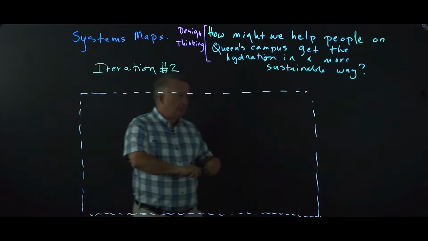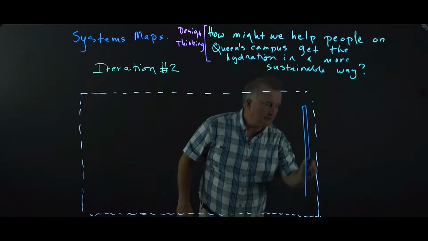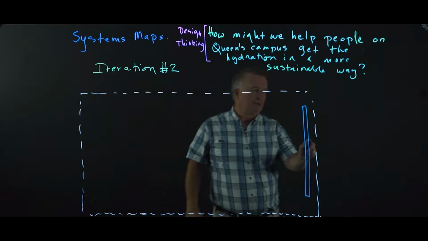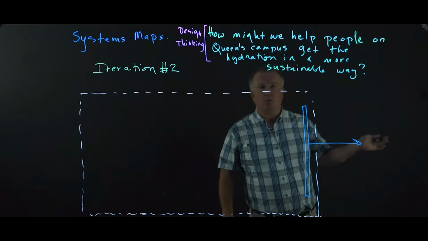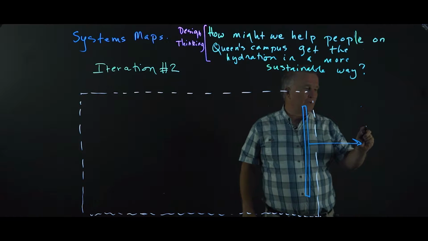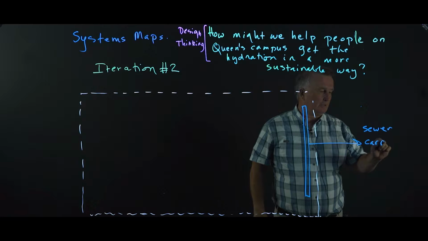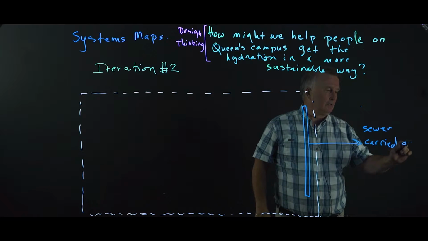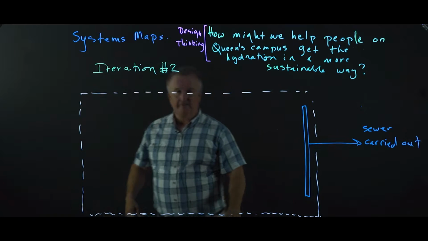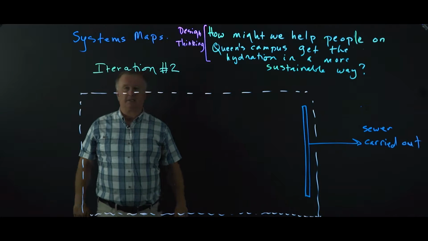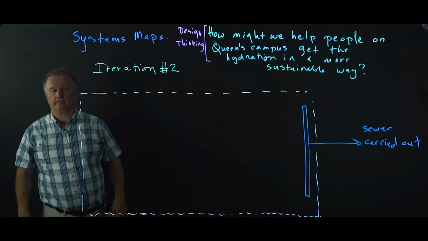So first thing I'm going to do is say, okay, I'm just going to have this long, thin sort of box. And what this thin box says is that water leaves either in the sewer or it's carried out, okay? And carried out might be carried out because I have it in my stomach, or it might mean that it's being carried out in some kind of container, okay?